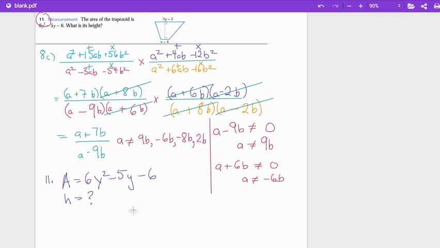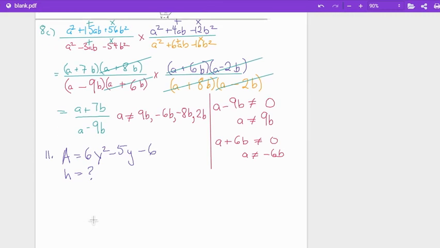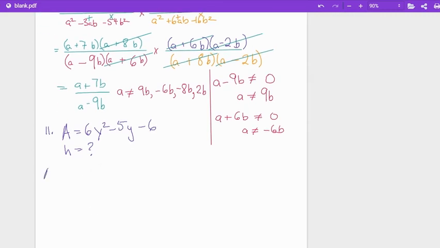I'm kind of doing a problem using GRASS, that acronym. I'm also given the two lengths, or the two bases. I think for a trapezoid, we're given this formula. So the area of a trapezoid is b1 plus b2, the two different bases, divided by 2. So we take the average times the height.